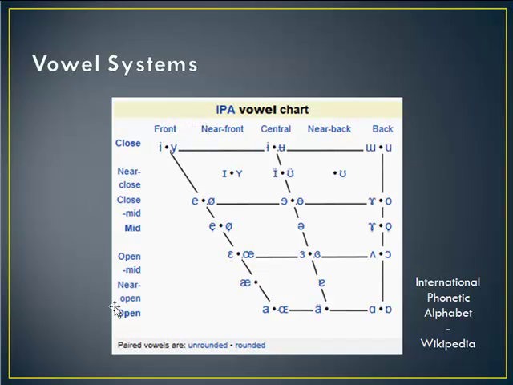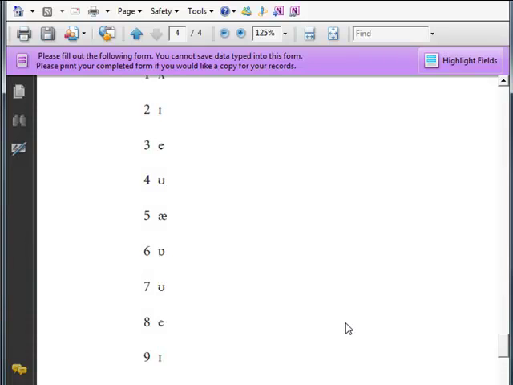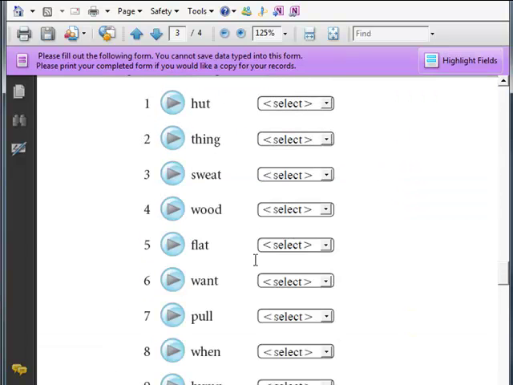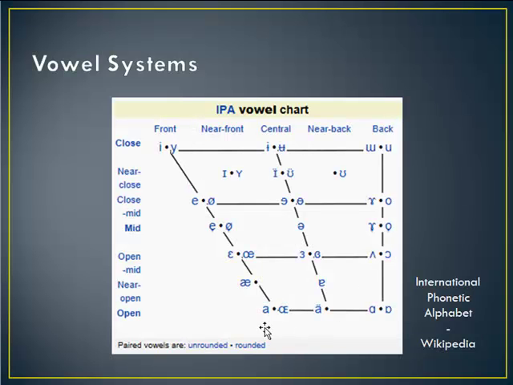So that's what this chart is. And these are the symbols that Peter Roach uses when he asks you to identify the kind of sound in each of these words, the kind of vowel sound. But we don't have to worry about that.